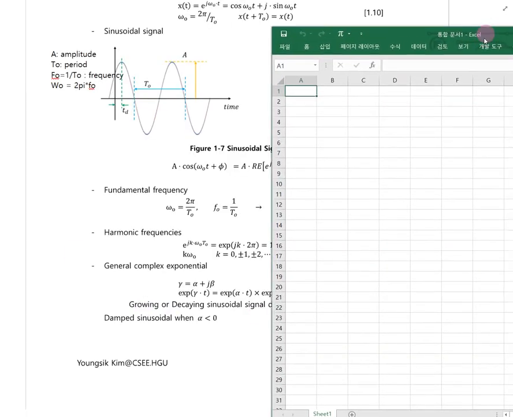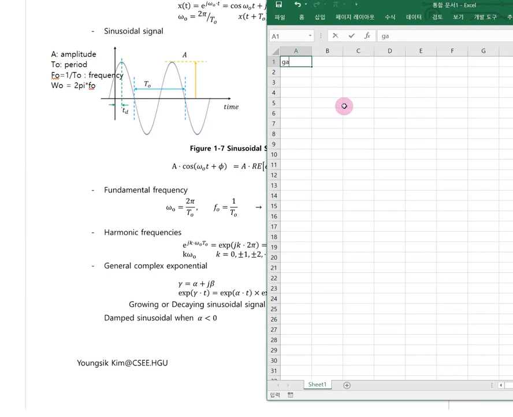Here is an Excel file. Gamma consists of alpha and beta. Let alpha equal 0 at this moment, and the imaginary term beta is 2 pi.